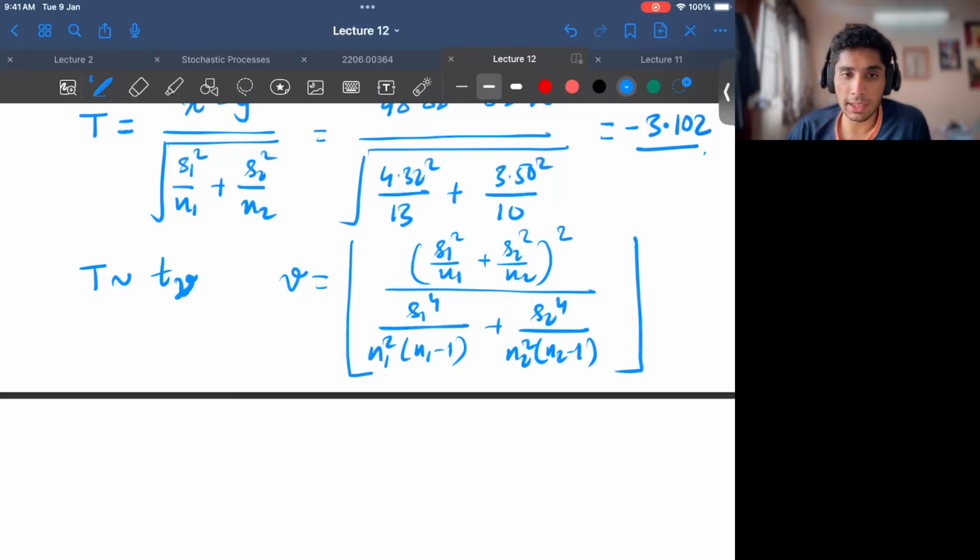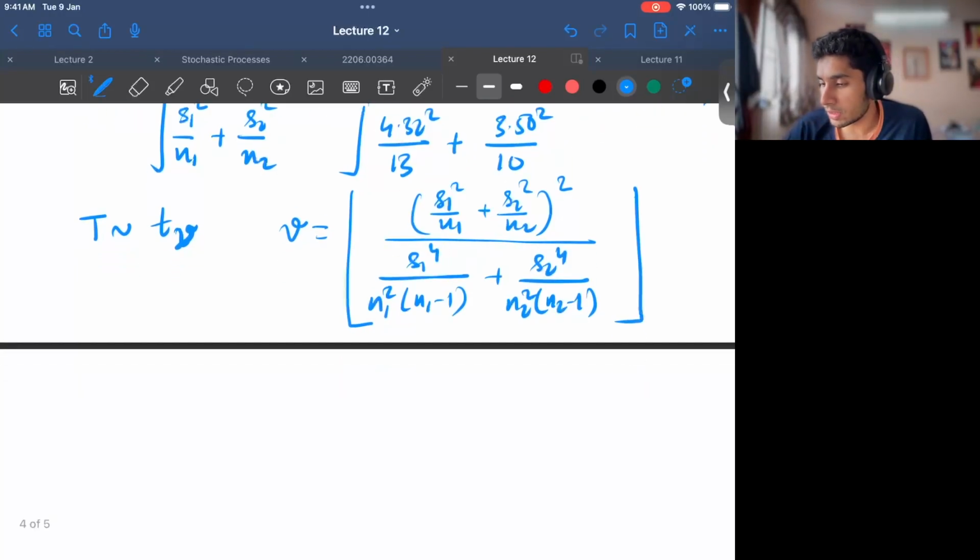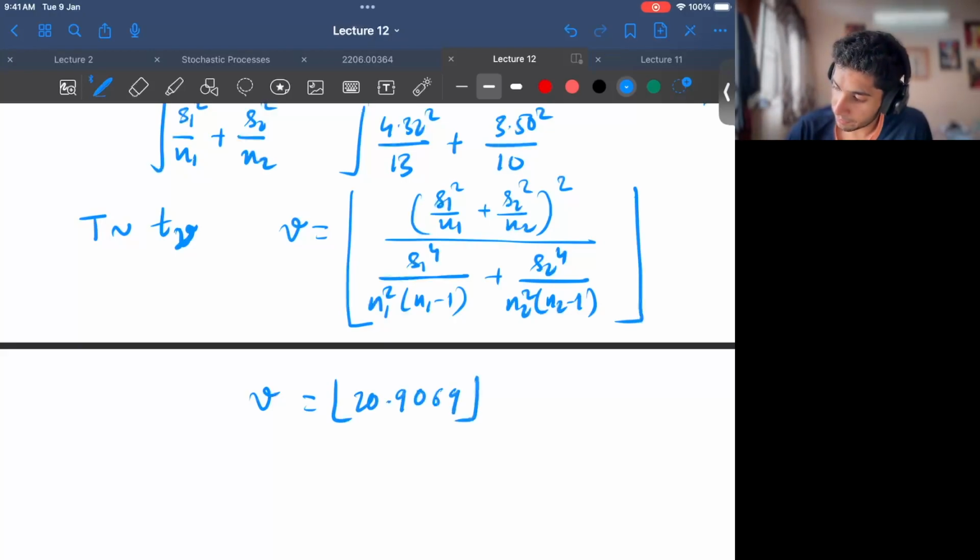So the floor function is the largest integer that is less than or equal to this thing. All of these variables are known to you, right? And if you calculate this, then nu comes out to be the floor function of 20.9069. What is the largest integer that is less than or equal to 20.9?